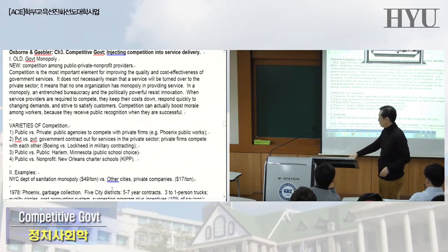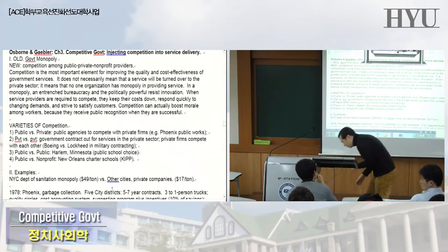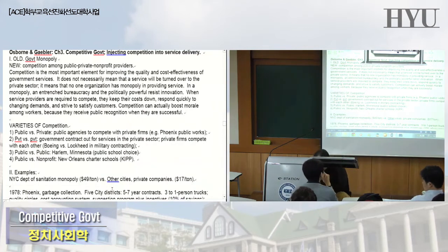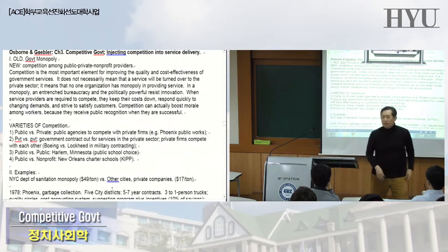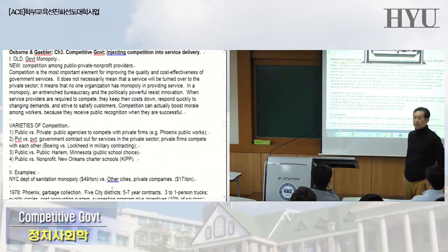Competition is the most important element for improving the quality and cost effectiveness of government services. It does not necessarily mean that a service will be turned over to the private sector. It means that no one organization has monopoly in providing service.